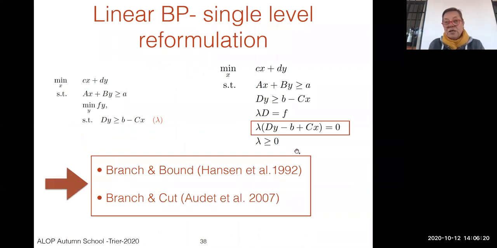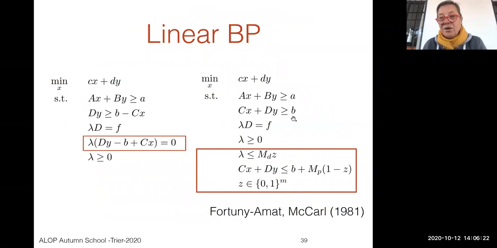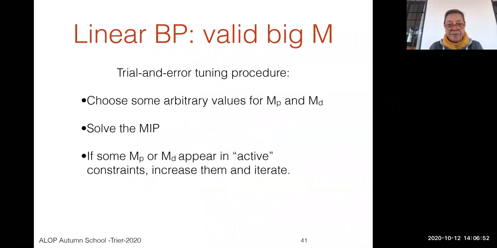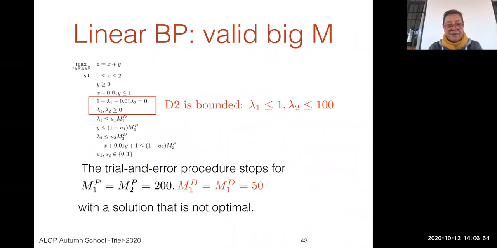I'm not a specialist of this, I think you should ask Thomas or Martine. They can tell you much more about these different options. But do not use it in this way, it's wrong. Unless, of course, you have problems for which you have specific information regarding those dual variables, and for which you can derive valid bounds. But in general, it's strongly co-NP complete. So this is the message.